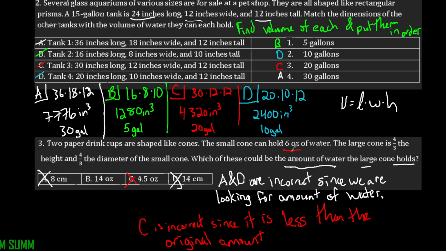So it has to be more than 6 ounces, and so we're going to say the only one left, even though we don't have any kind of calculations, is going to be B because it has to be 4/3 of a difference. So another way to approach it is just by eliminating some of these answer choices, so that way you can get a true or false answer.